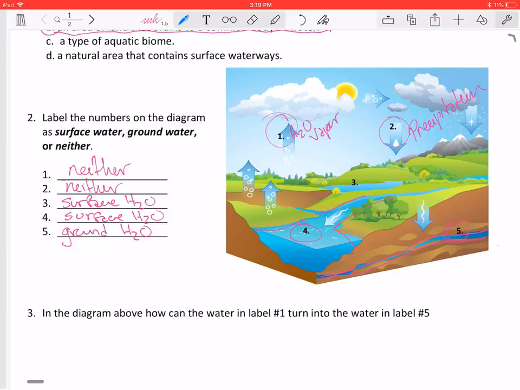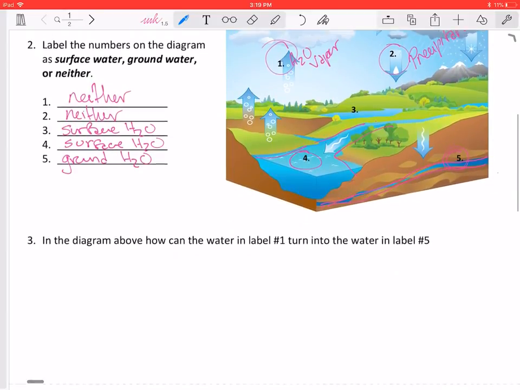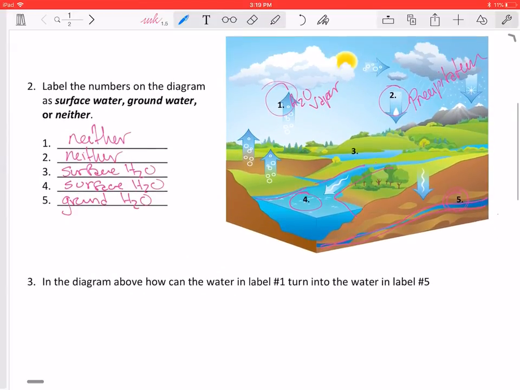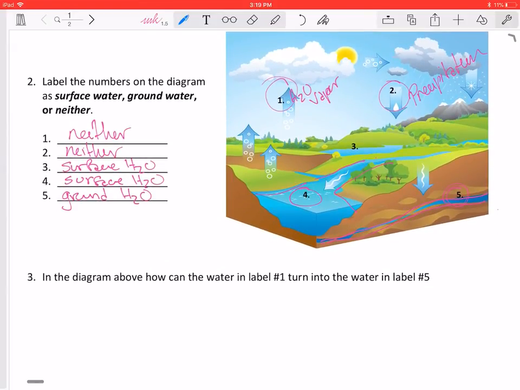So let's look again at number 3. It does require us to look at the diagram above. So I'm going to go ahead and erase my little notes here so I can walk you through.